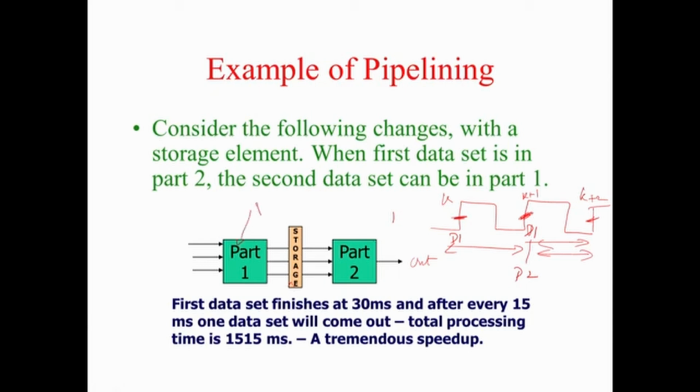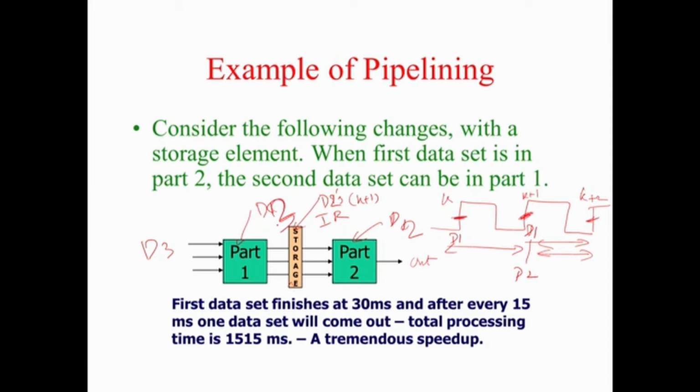D1 enters at clock k, at clock k plus 1 D1's intermediate result is stored here. At that clock k plus 1 D2 enters. Between k plus 1 and k plus 2 D1 is processed here while D2 is processed. In the clock k plus 2 D3 enters, D2's intermediate results are stored, and between k plus 2 and k plus 3 D2 is processed and D3 is processed. So this is how the data can flow.